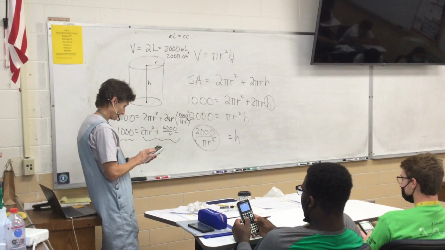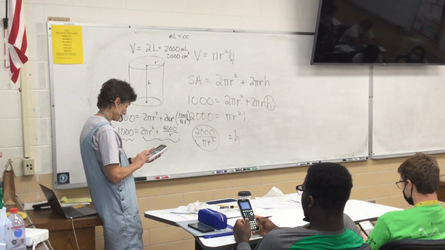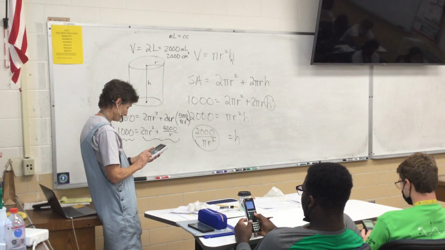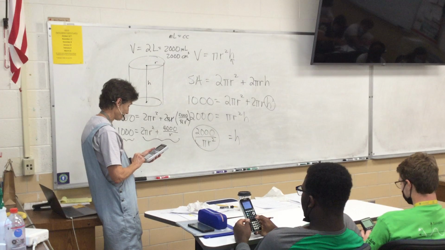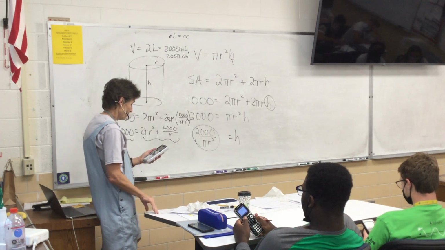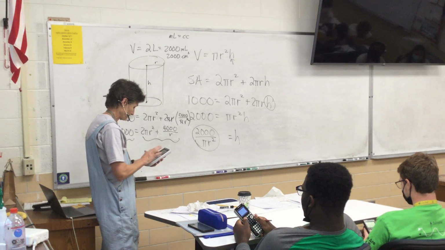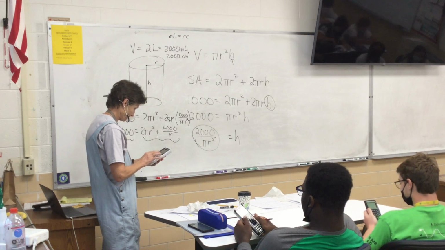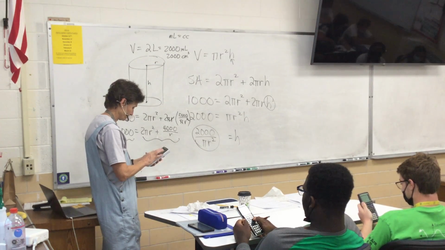For r, do you see that? Yeah, your variable is gonna be x. Make sure you're using your pi button. And I have no idea about a window, so mine's not right.